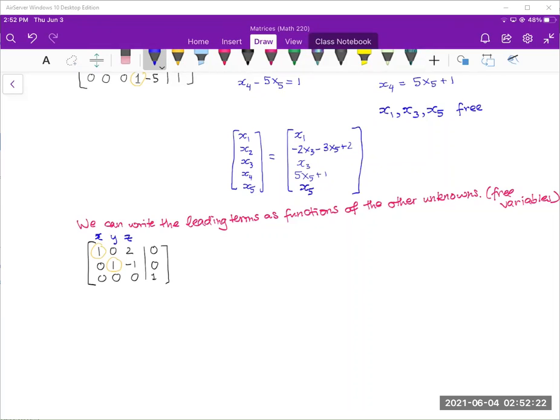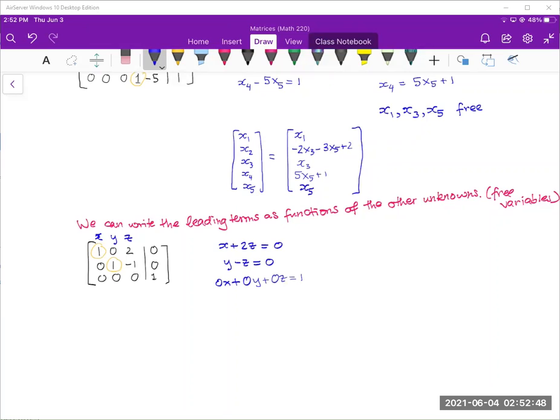And if we want to write this out, what do we find? We have x plus 2z is equal to 0. We have y minus z is 0. And we have 0 times x plus 0 times y plus 0 times z is equal to 1.